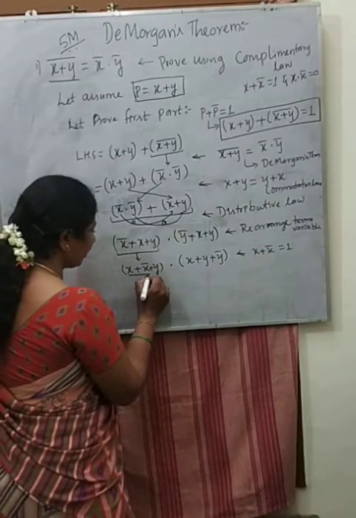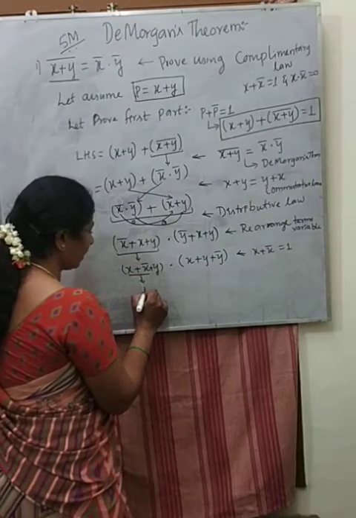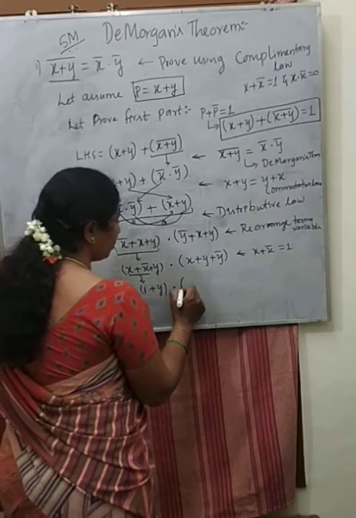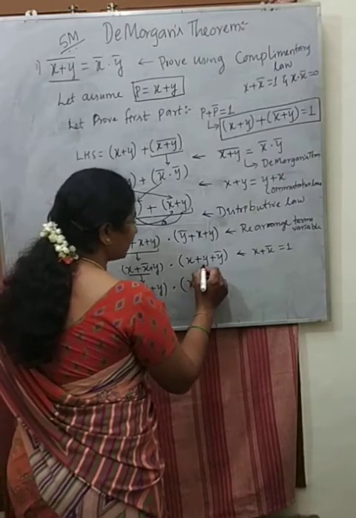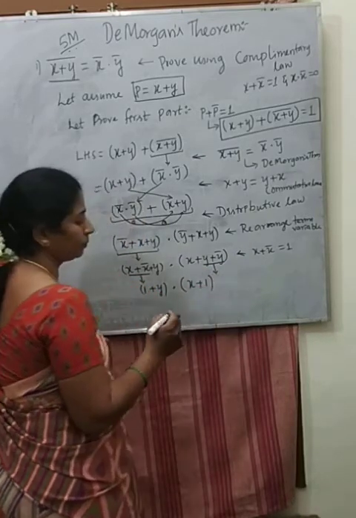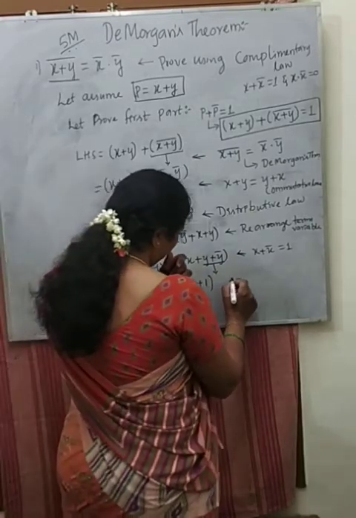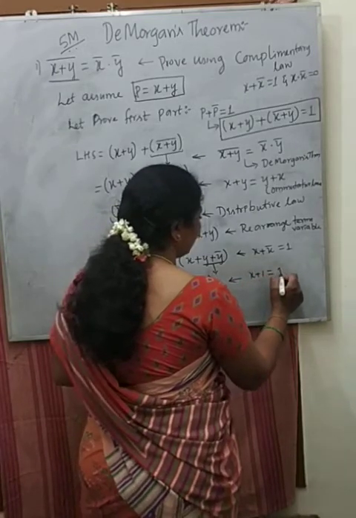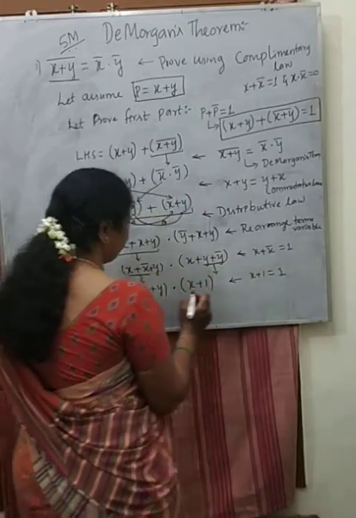Then these two can be replaced as 1 plus y into x plus y. These two terms get replaced by 1. According to your 1's property, x plus 1 can be written as 1.